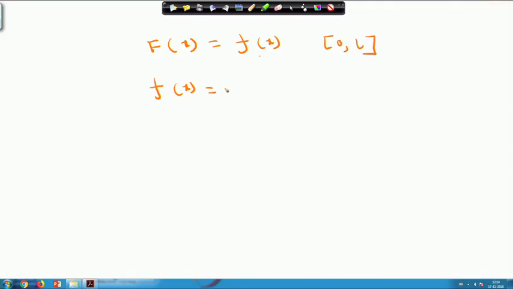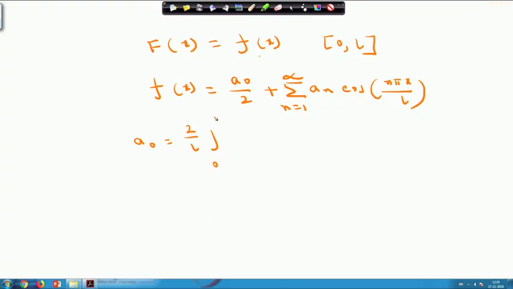Therefore, I can define f(x) equals a_0 by 2 plus summation n equals 1 to infinity a_n into cos of n pi x by L, where a_0 will be 2 by L integral 0 to L f(x) dx, and a_n will be equal to 2 by L integral 0 to L f(x) into cos of n pi x by L into dx.